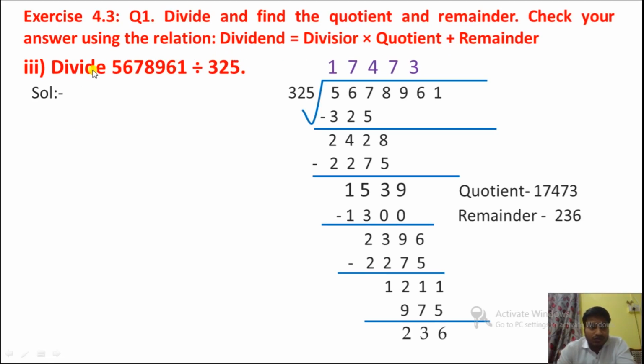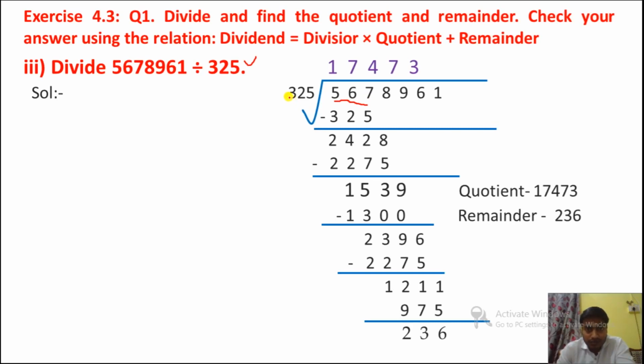So we have the number 56,78,961, and this number we have to divide by 325. Same way you can arrange. The divisor has 3 digits, so first we will check 3 digits. Here we got 567, so easily we can divide by 325.